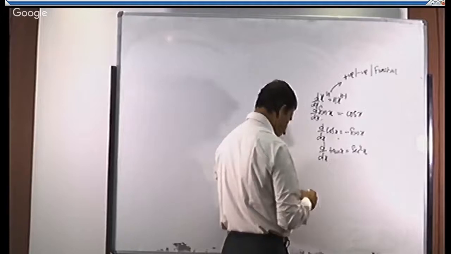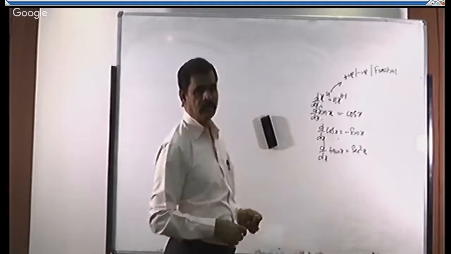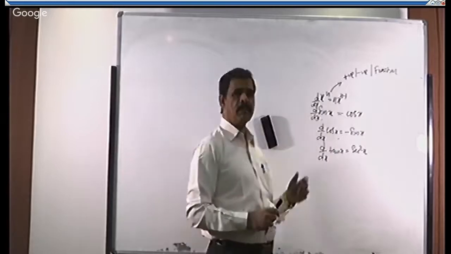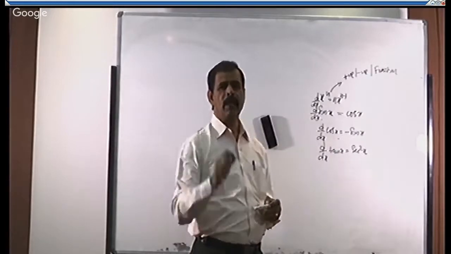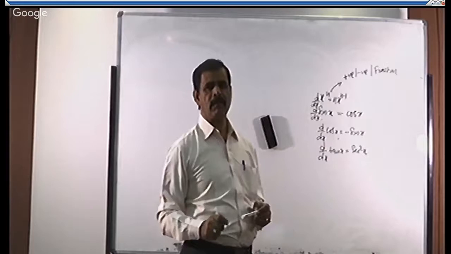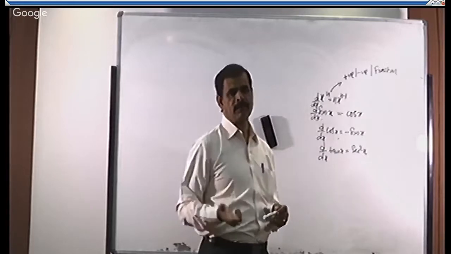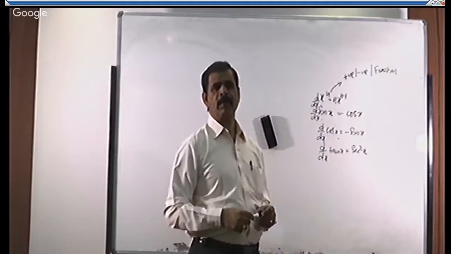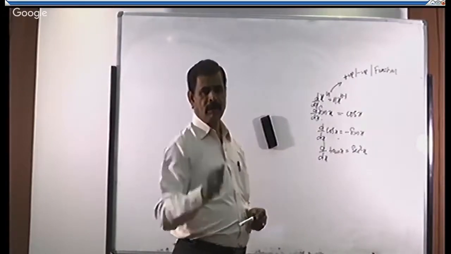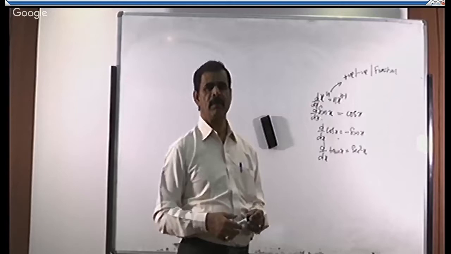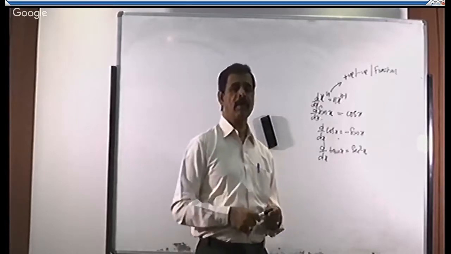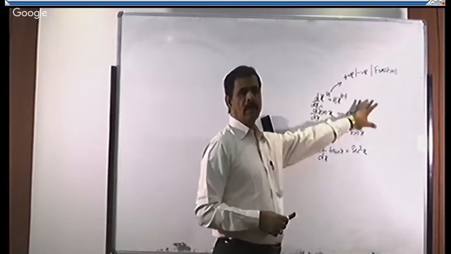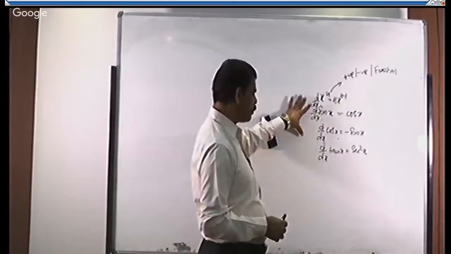All those formulas we derived using the first principle method. Based on the first principle method, you can get the derivative of any given function. It may be a sum of algebraic terms, or a product of algebraic terms, or a quotient of algebraic or trigonometric functions. So this is the derivative of the standard functions.